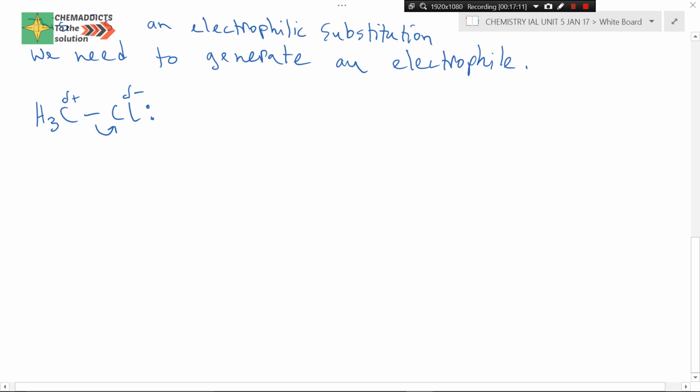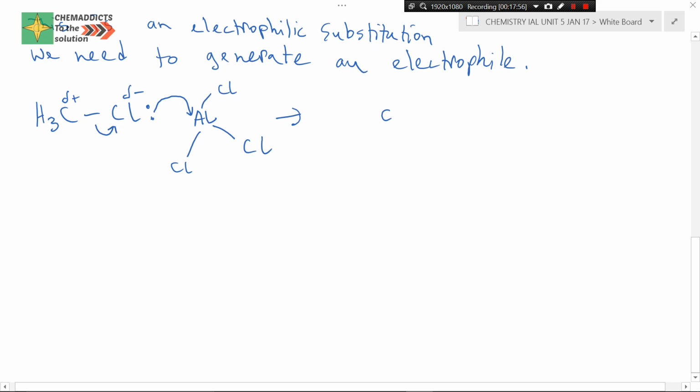And here we also have aluminium chloride, AlCl3, as the reagent for this reaction. So this electron pair would get donated to this aluminium, since this aluminium has a lack of electrons. So aluminium would receive electrons from this chlorine atom, forming an electrophile as well as a nucleophile.